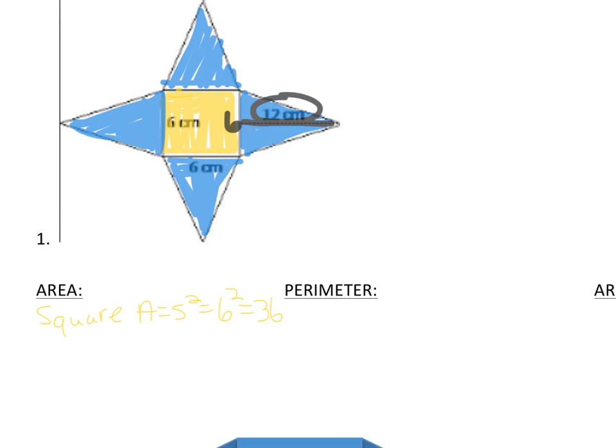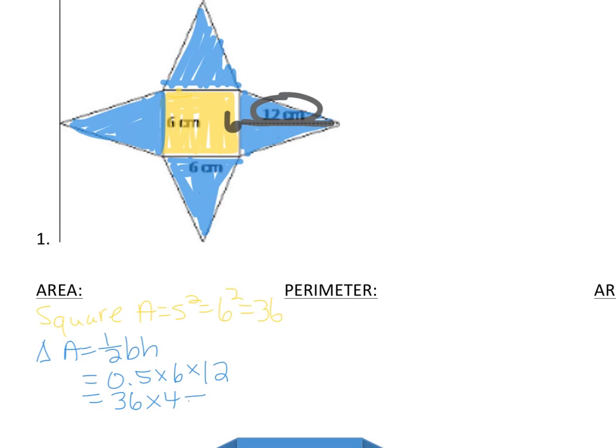So we're going to come down and we're going to do the area of the triangles here. It's going to be 1/2 the base times the height, which will be 0.5 times 6 times 12. So that will give us 36. But I have 1, 2, 3, 4 triangles, so I need to multiply that by 4 because each of the triangles has an area of 36.